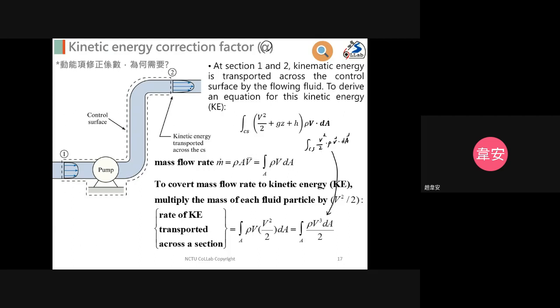We assume the flow direction is always parallel to the normal vector of the cross-section area, and we can rewrite the equation in scalar terms. But since we know that v is not uniform flow, the integration problem is too complicated to deal with along the control surface.